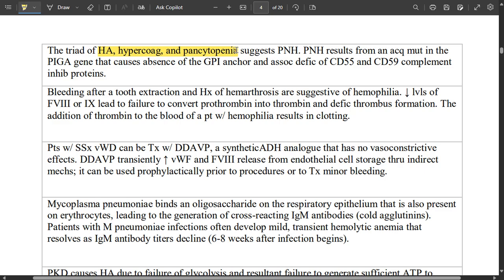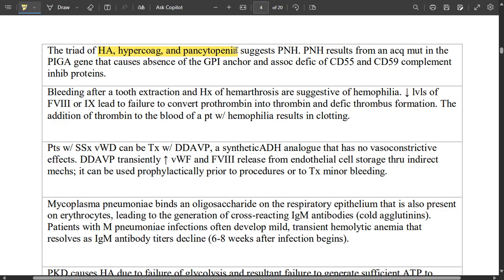CD55 and CD59 are anchored to the cell surface by the GPI anchor, which is coded by the PIGA gene.